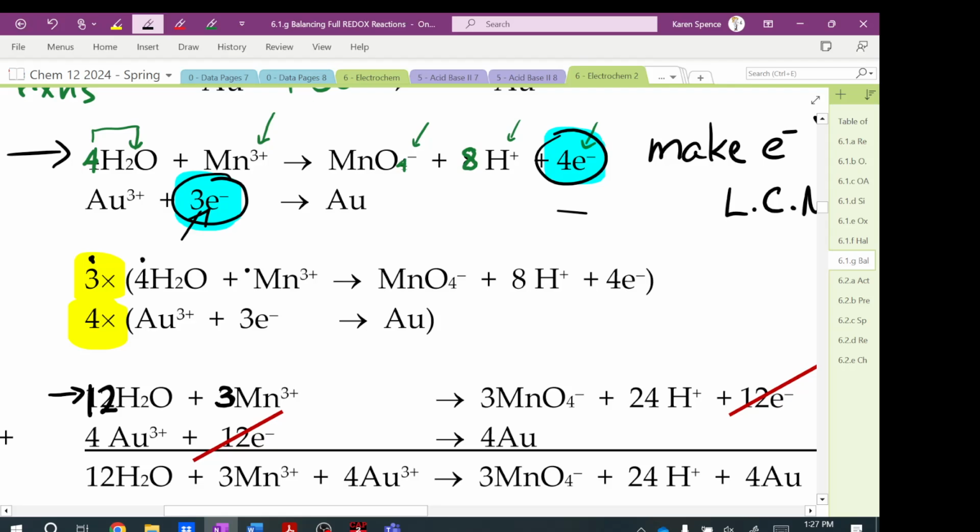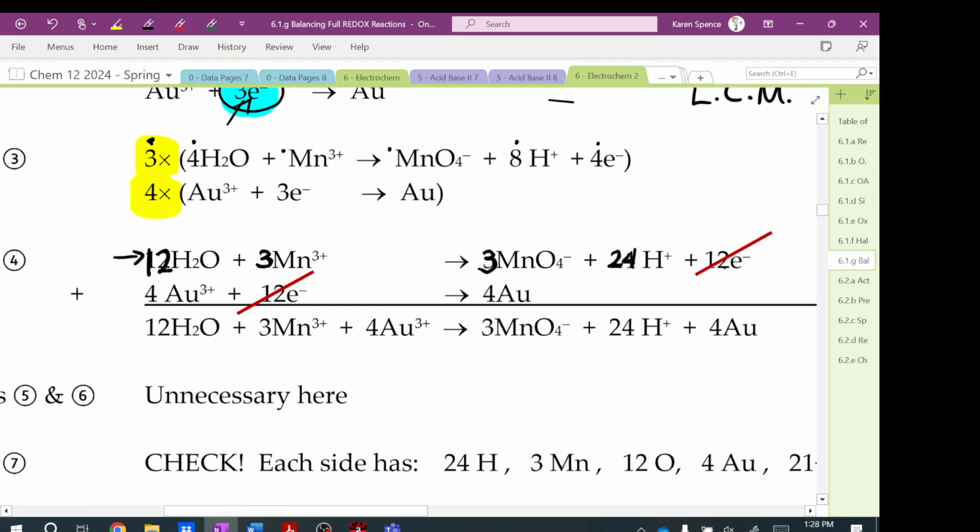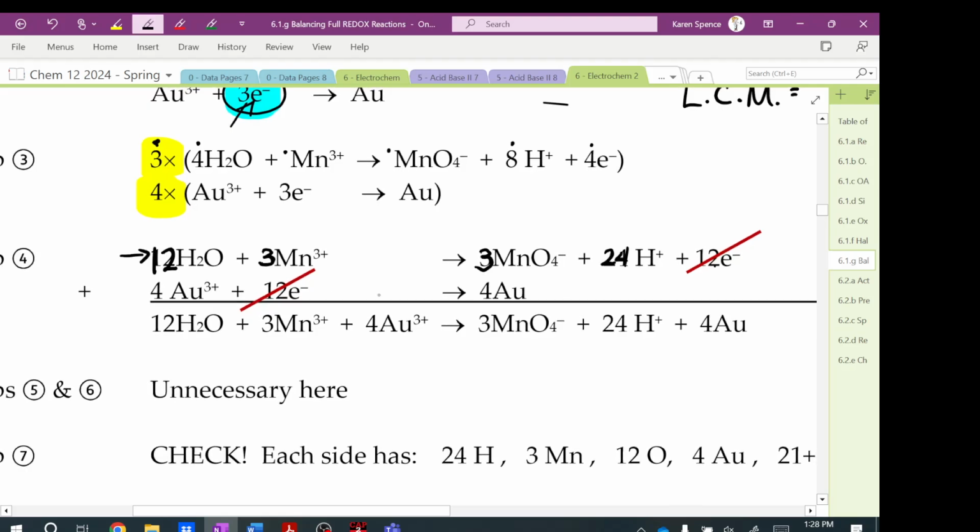If I don't do that, I have a tendency to forget to multiply something by 3. 3 times 1 is 3. 3 times 8 is 24. You don't have to touch your pen. It helps me. 3 times 4 is 12 electrons. Okay? You can go through that, do the whole thing. Do the same thing with the Au, and then cancel out your electrons.